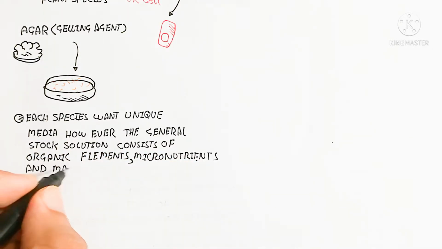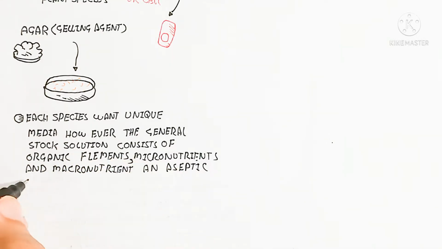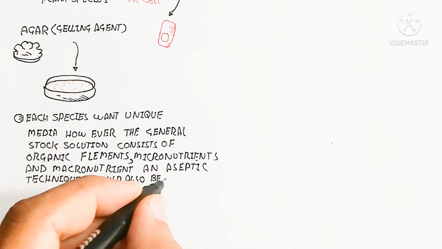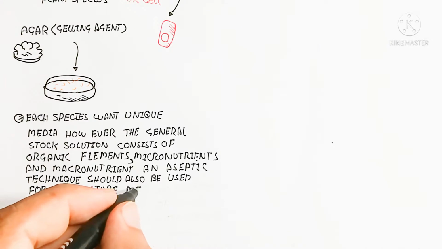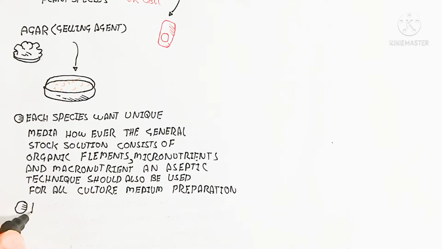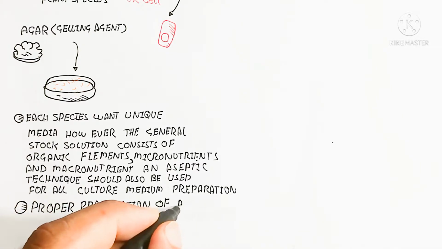Macronutrients are things like glucose and amino acids, while micronutrients are needed in minor quantities compared to the macronutrients. Micronutrients can be metal ions as well as salts and minerals.